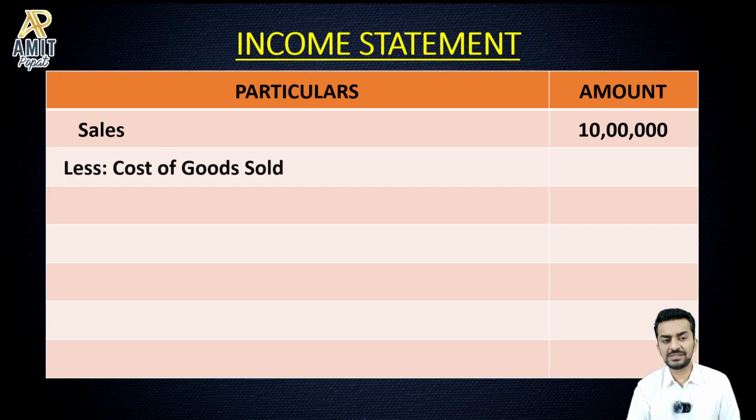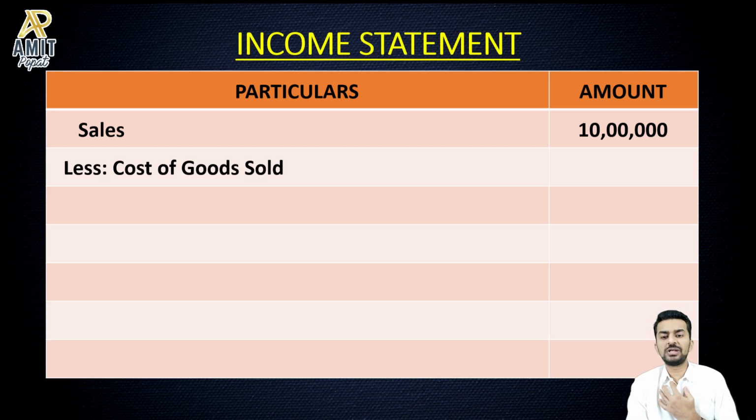So from sales, I need to subtract cost of goods sold. Now, what is cost of goods sold? My dear, cost of goods sold is basically the cost incurred to procure or to produce the goods that you sold. Like if you're a trading entity, you will be procuring finished goods and selling them.